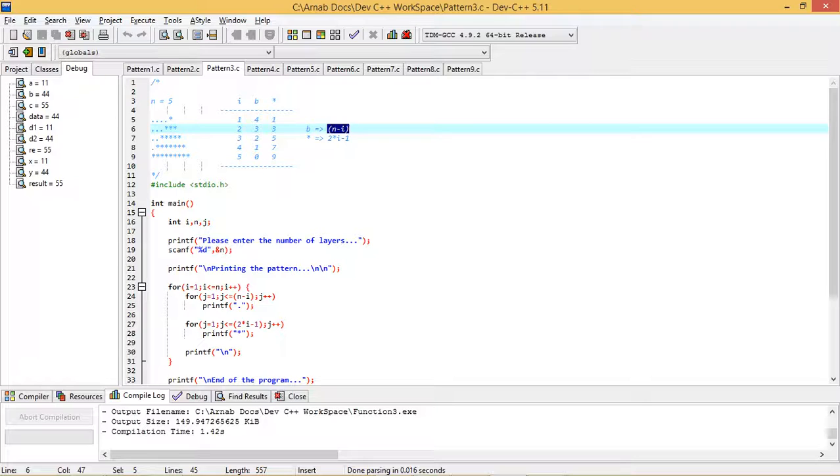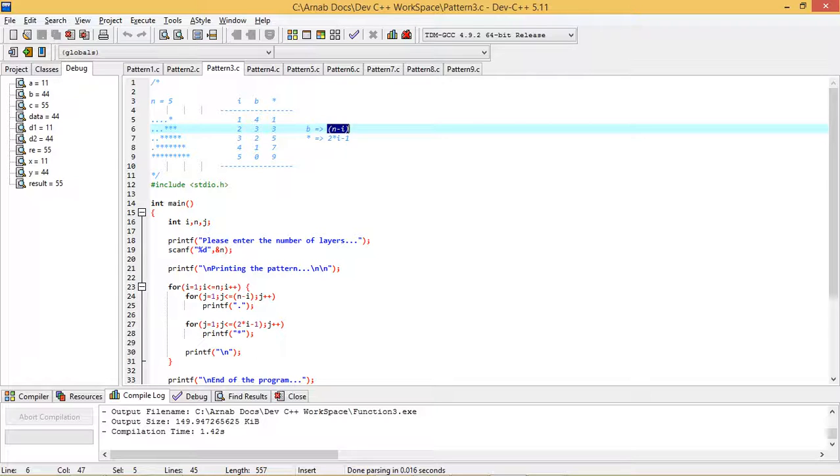Now what about the logic for star? In case of star, you see, I is increasing and star is also increasing. I is increasing by 1 and star is increasing by 2. So always remember, whenever one variable is increasing by 1 but the other variable is increasing by 2, in that case we should multiply I by 2. In this way I can get the logic.